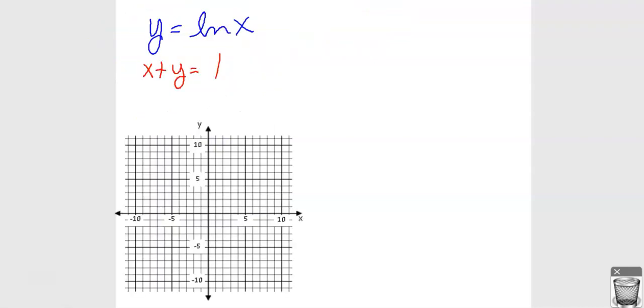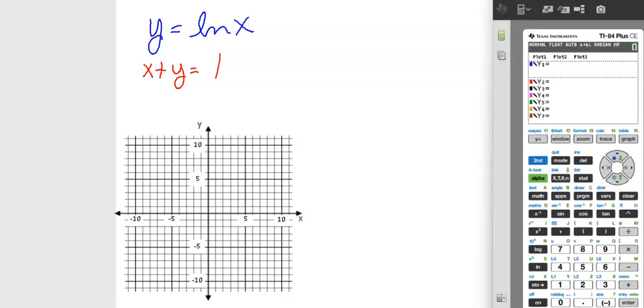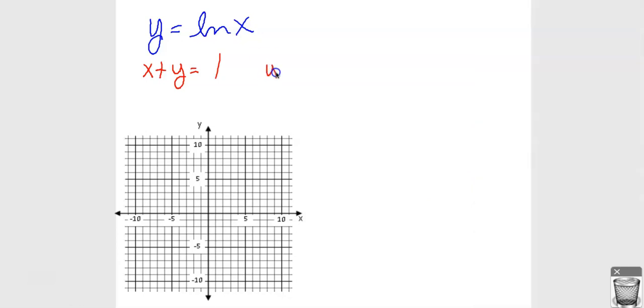All right, let's look at another one. This one I'm going to solve graphically because of the ln function. You don't have to use it graphically, but I've done all the other ones using substitution. So if you grab your calculator, type in ln of x, and this red one is y equals negative x plus 1.